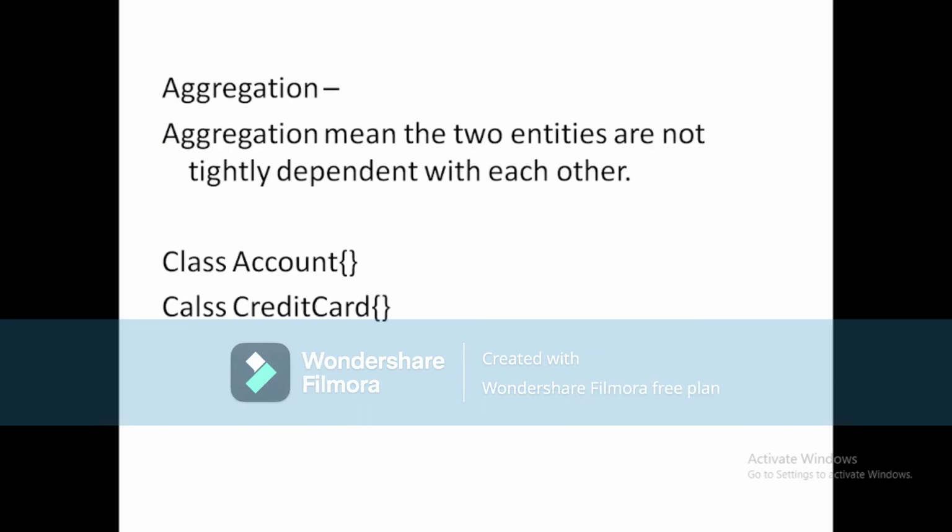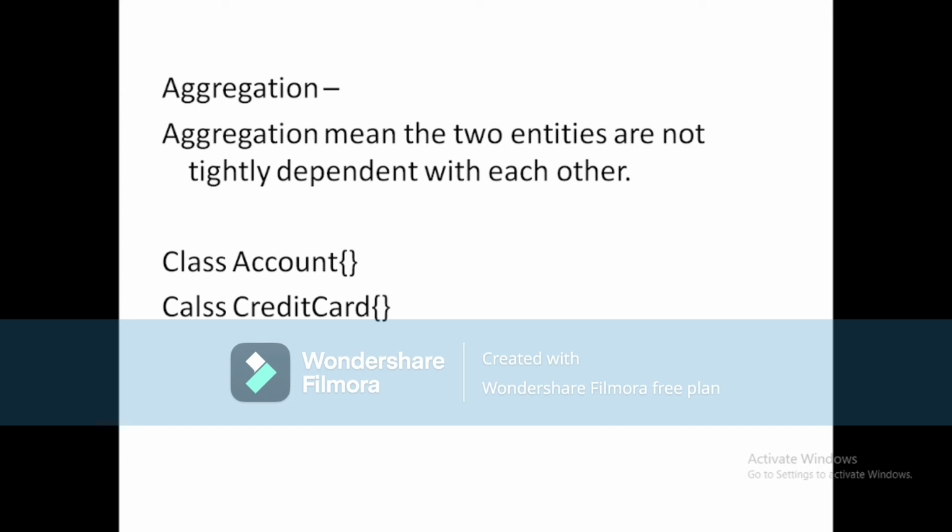Let's check next. Again, association is divided into two parts: one is aggregation and one is composition. Let's see what aggregation is. Aggregation means the two entities are not tightly dependent on each other.